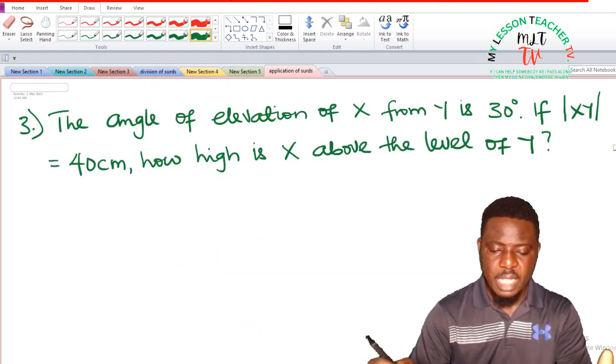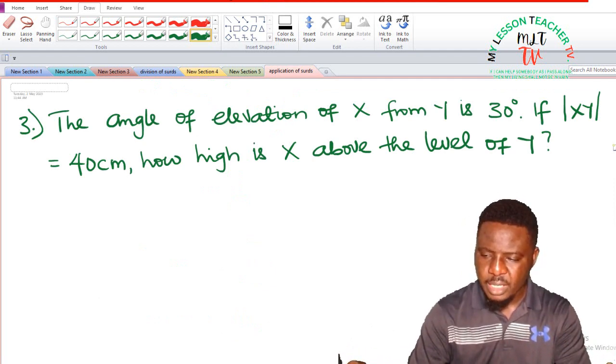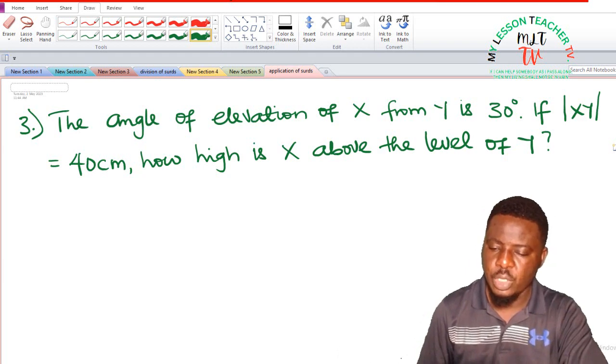Question 3, that the angle of elevation of X from Y is 30 degrees. If side XY is equal to 40 centimeters, how high is X above the level of Y? So I'm going to interpret this question using a triangle.